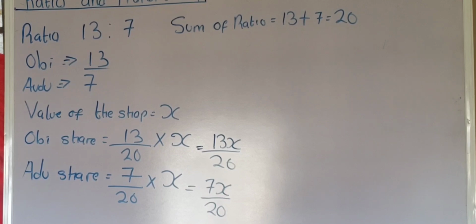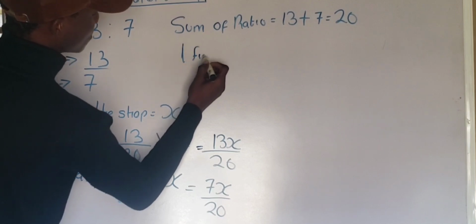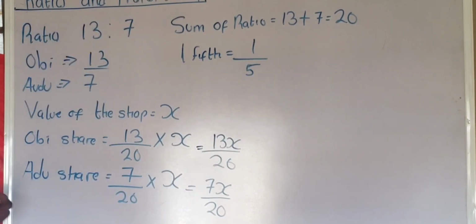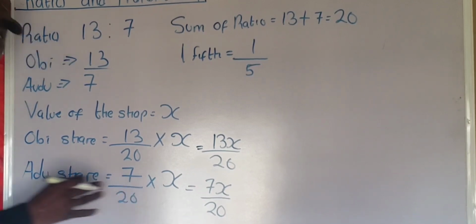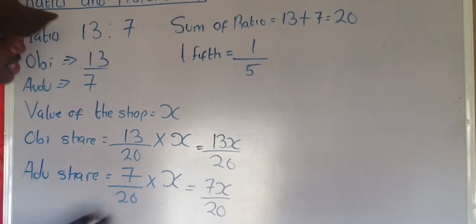From the question, we are told that Audu sells 1/5 of his share to Obi at 6,300 naira. Don't forget that this is the share of Audu. Audu has 7x over 20.